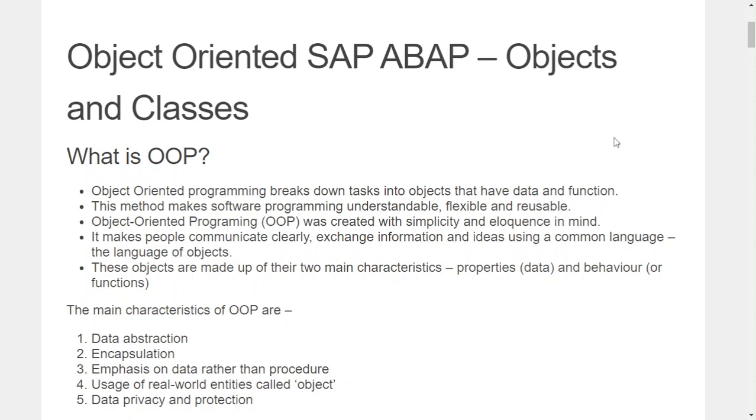One is property, which we call data, and the second is function, which we call the behavior of that code. These are basically the characteristics.